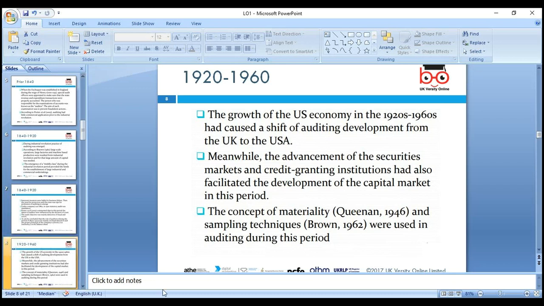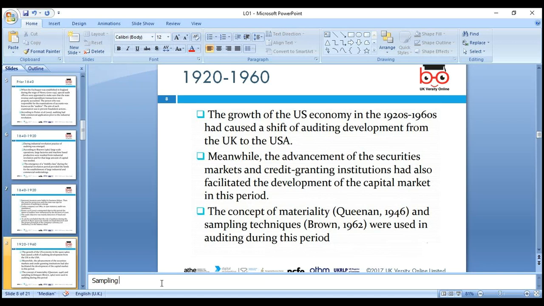What is meant by sample? Sampling. Okay, sampling means from the whole population, population meaning the total numbers, picking a few numbers to check that represent the whole population's view. That is called a sample.